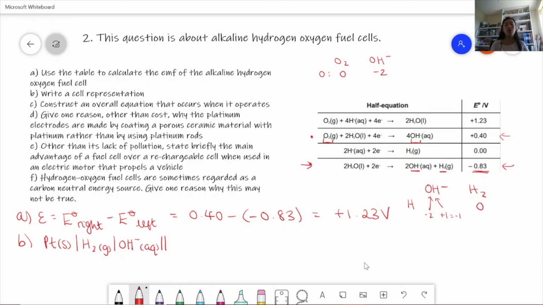And so that means that the oxygen goes in the middle because it's got a higher oxidation state. So we have oxygen, the gas, separated by a straight line, and then the OH minus ion, which is aqueous. And then again, we need something solid, so we use platinum. So platinum goes on the outside. And this is the cell representation.